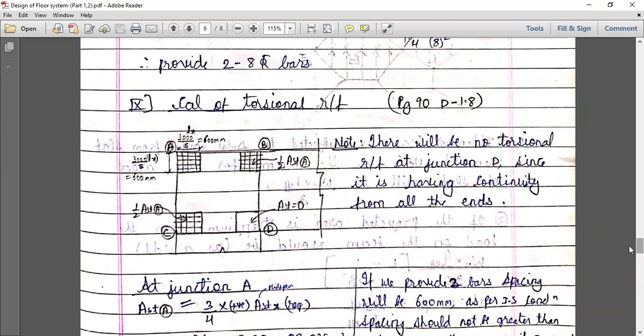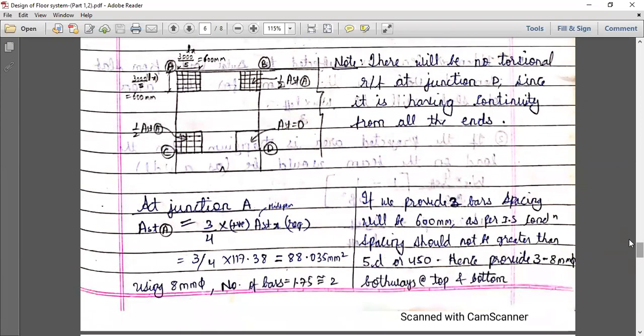After that we have to find out the steel. How much steel will there be? At junction A, AST required is 3/4 of the positive steel, that is, 3/4 of the AST required at the mid span. Positive basically means mid span. Again this is given in the IS code.